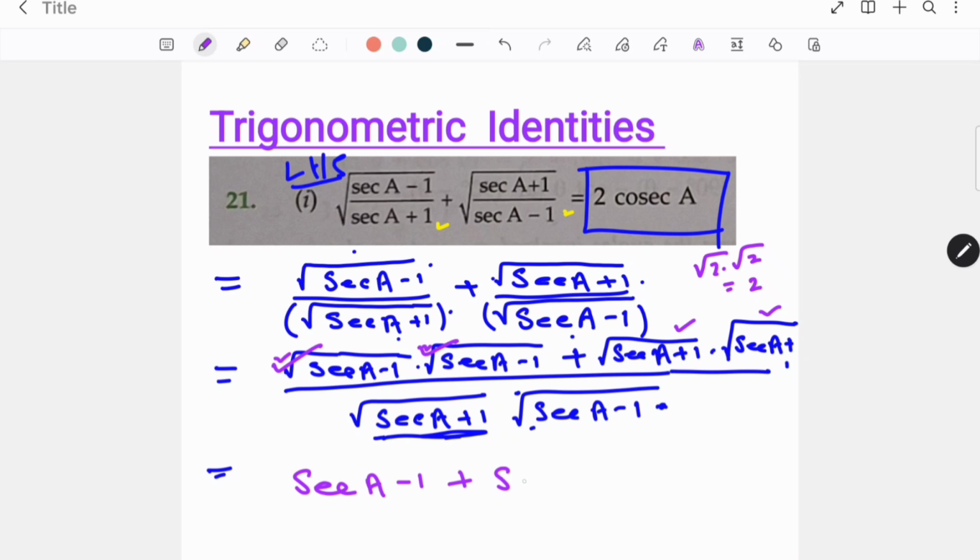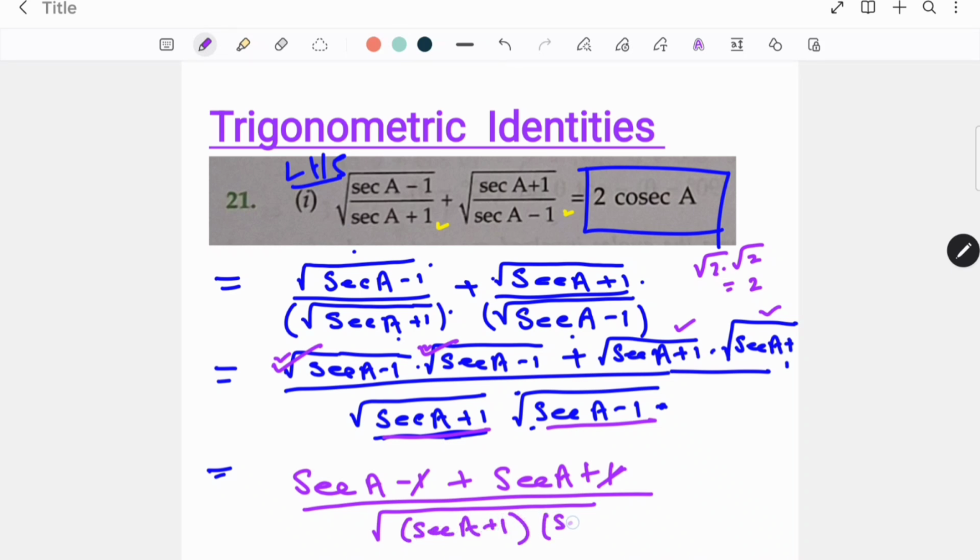So we are going to get here sec A plus 1, and this minus 1 and plus 1 will cancel each other, and down we are getting under the root sec A minus 1 and sec A plus 1. So we will be converting it into the same root. We are going to get here sec A plus 1 and sec A minus 1.